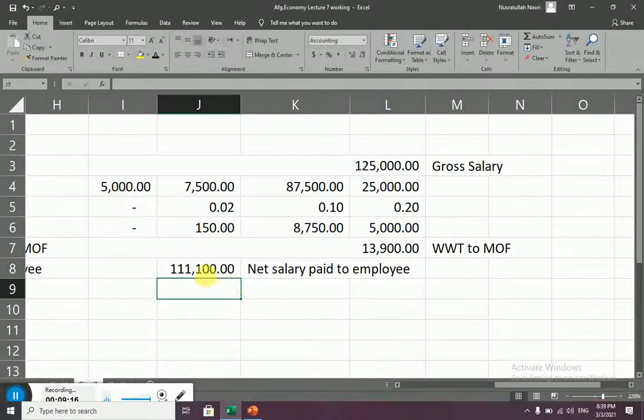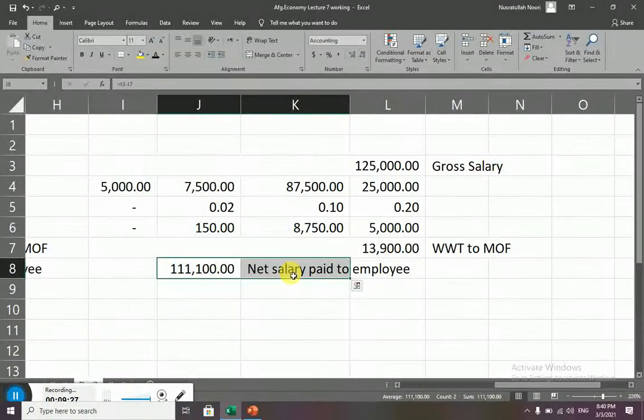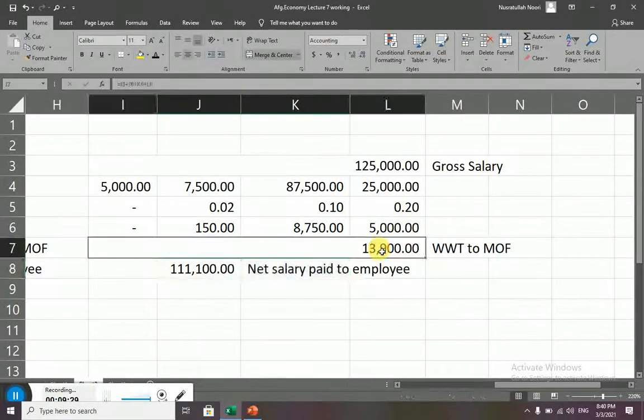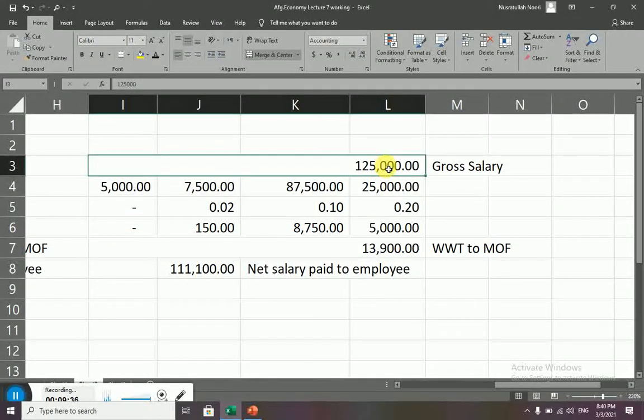The remaining is 111,100. This will be paid to the employee. So basically this will go to the employee's pocket, and this will go to Ministry of Finance account out of the total 125,000 gross salary. Now this salary will be reported as an expense in the company's account, right?